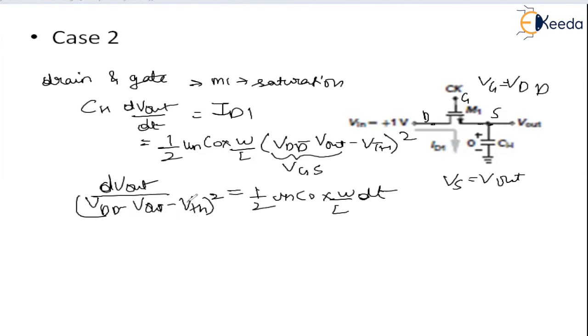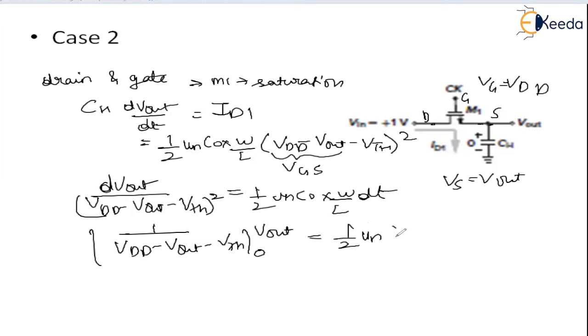We integrate both sides, from 0 to Vout and from 0 to t, where body effect is neglected and Vout can be assumed as 0 initially.